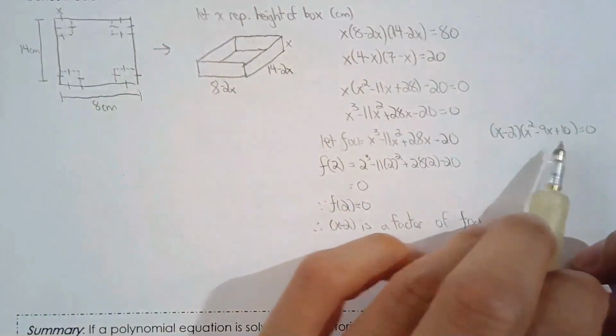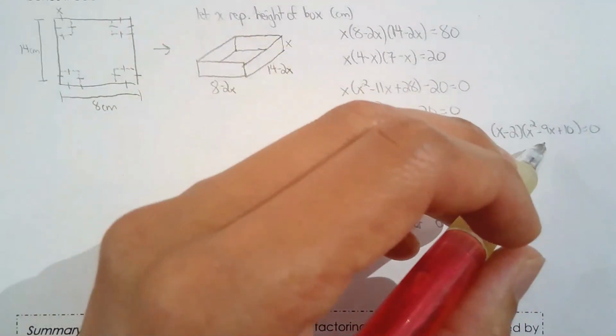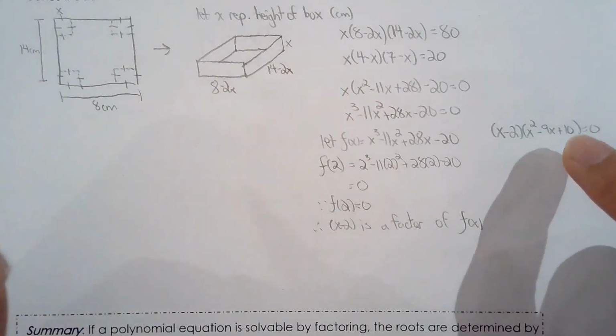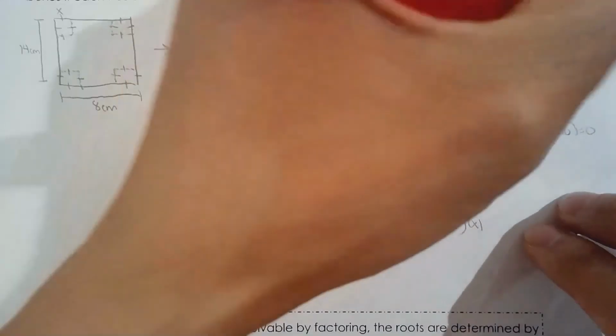What multiplies to 10 and adds to negative 9? Oh, nope, nothing I know of. So you can use the quadratic formula. Let me just check. Yep, these will give you real roots, because the discriminant is positive.